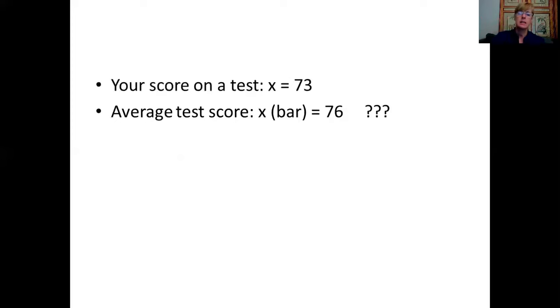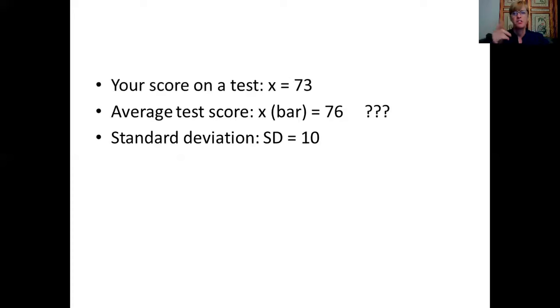What you really need is the standard deviation. You need to know, well, what did people do? Is the mean a really good description and people were all around the mean, or were scores like all over the place and the mean doesn't really mean that much? All right, so let's look at this. What if the standard deviation of this exam you took was 10? Okay, so remember, it's the plus or minus.